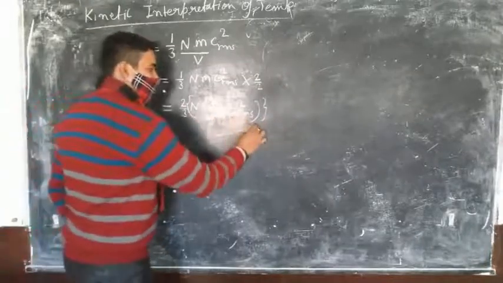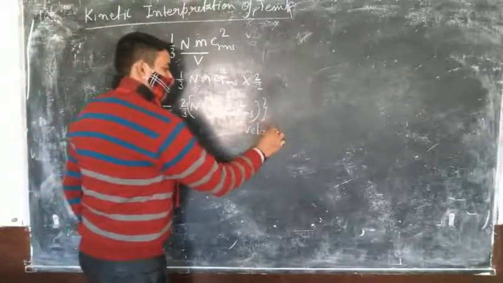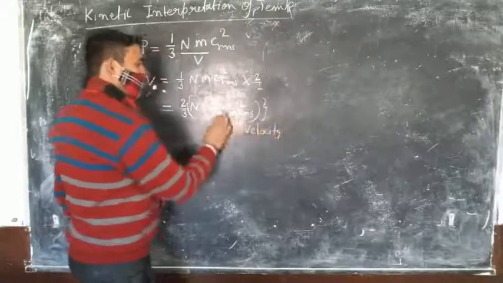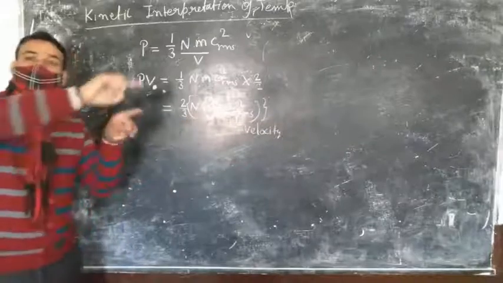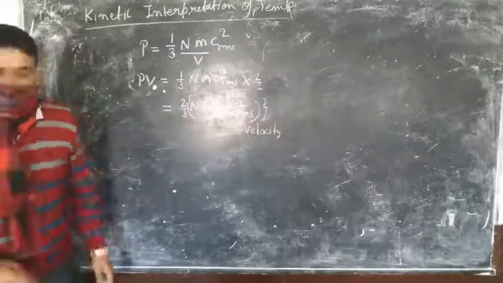Now the term n into 1 by 2 m CRMS square: CRMS is the velocity of the molecule, m is the mass of the molecule, and n is the number of molecules in the container.